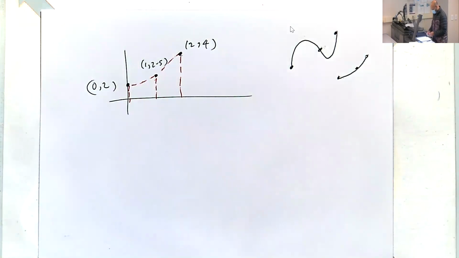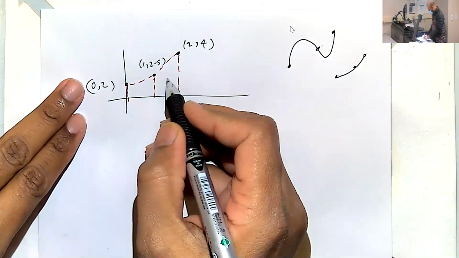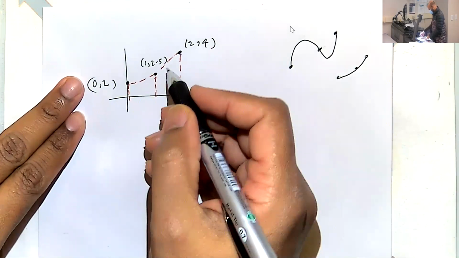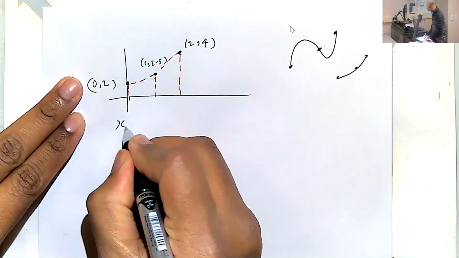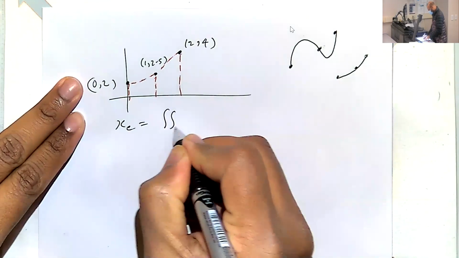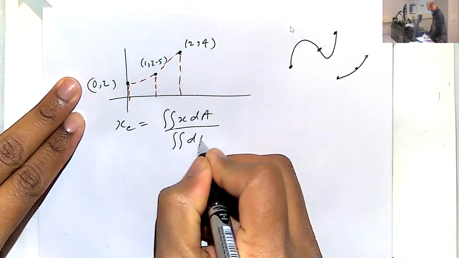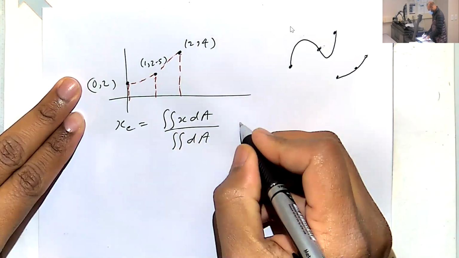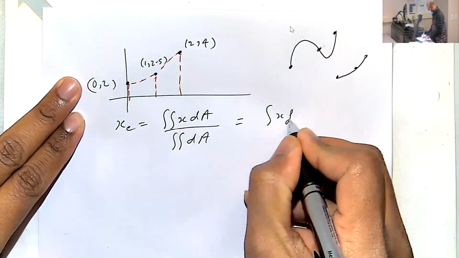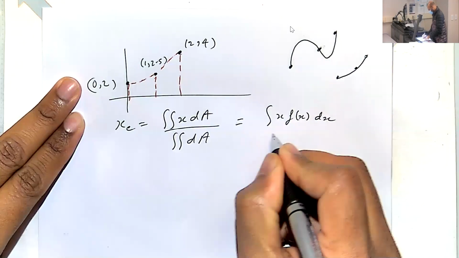I'm assuming you were able to do this analytically, since that's the previous question. So xc is the double integral of x dA over the double integral of dA. When you simplify all of this, you get the integral of x f(x) dx.